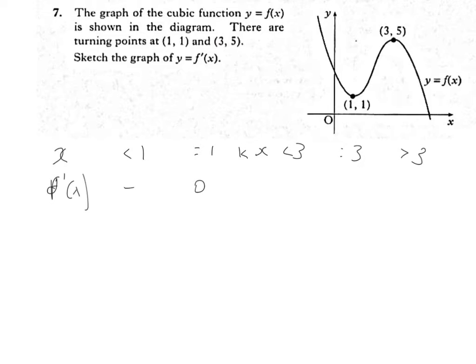Between 1 and 3, the curve's going upwards, that's positive gradient. At 3, that's a point of zero gradient again, so I record that as 0. And finally, after 3, the curve goes back down, and I'll record that as negative gradient. So remember, f dash x is a measure of gradient.